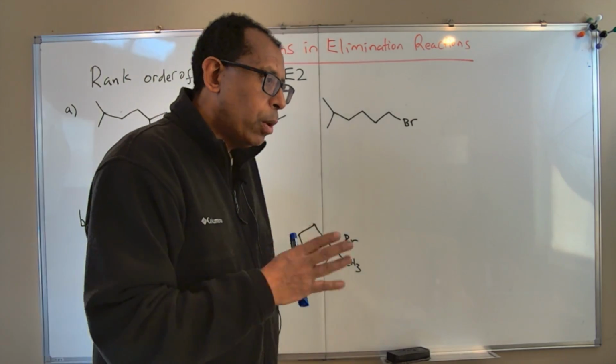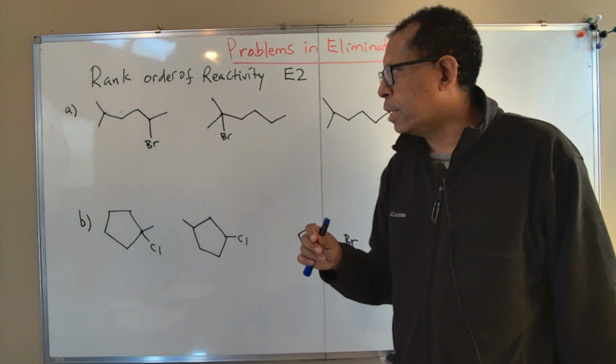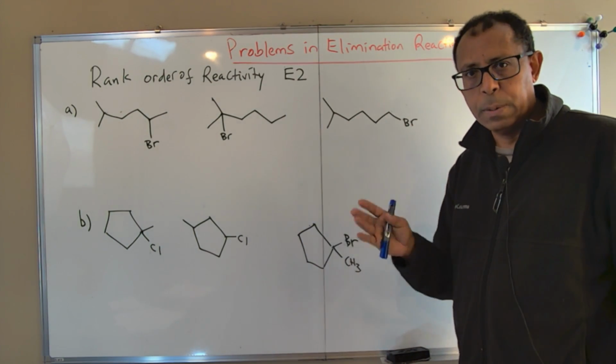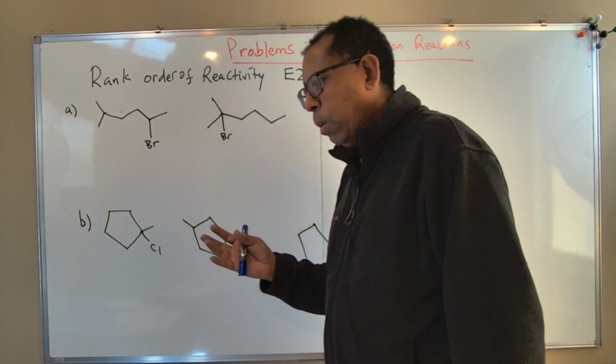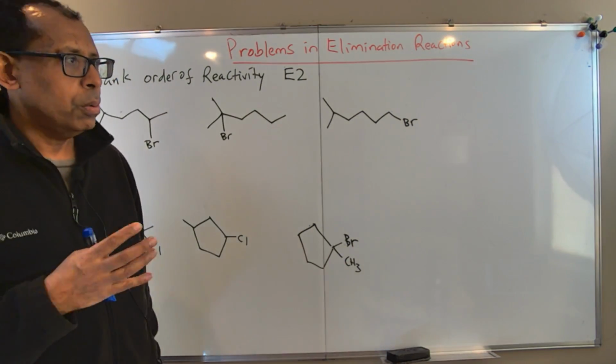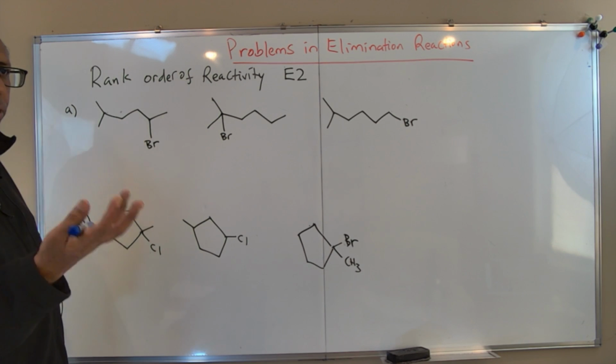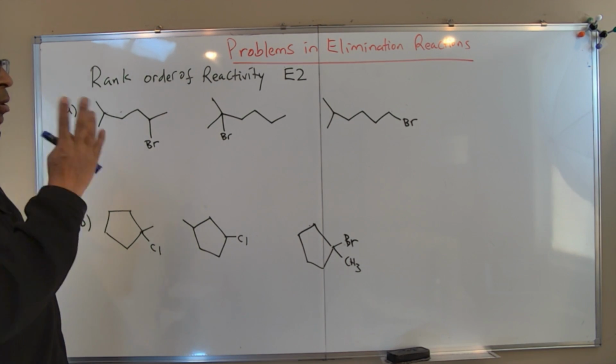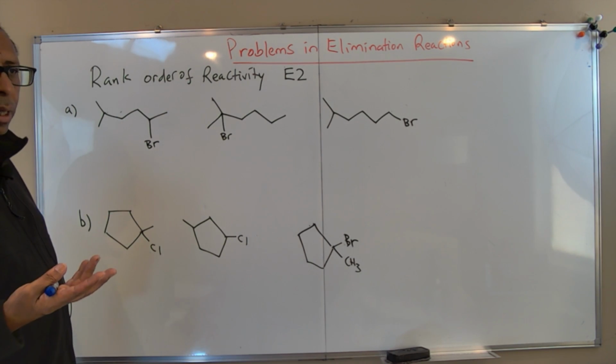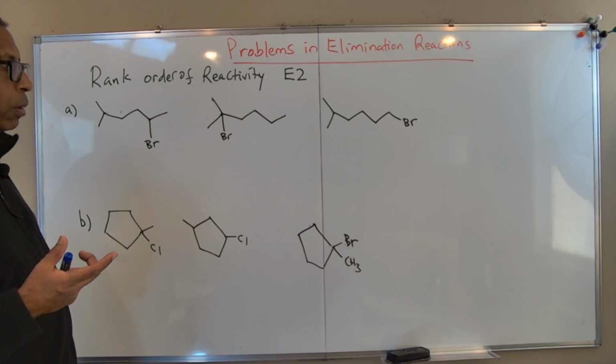As you know, the E1 mechanism requires that they have to go through a carbocation. So for E2, you don't need a carbocation formation, so the reverse would be true. E2 doesn't need a carbocation to be formed.